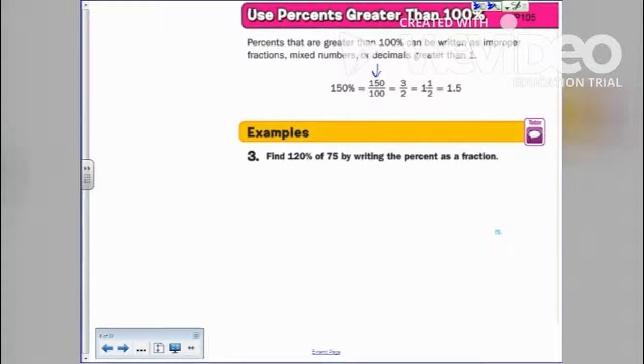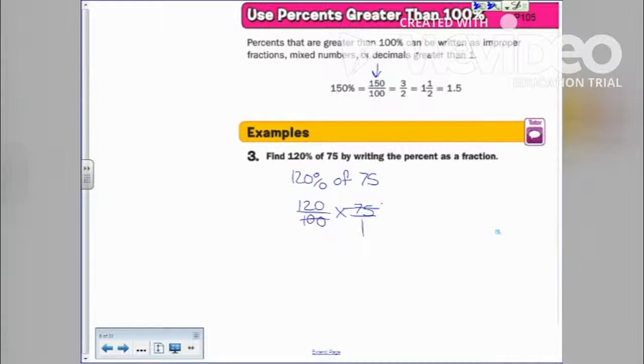It says find 120% of 75 by writing the percent as a fraction. So we're going to do 120 divided by 100 times 75 over 1. We can start to simplify. 25 will go into 75 and 100.